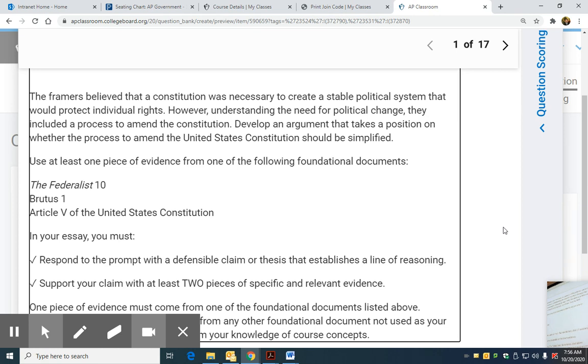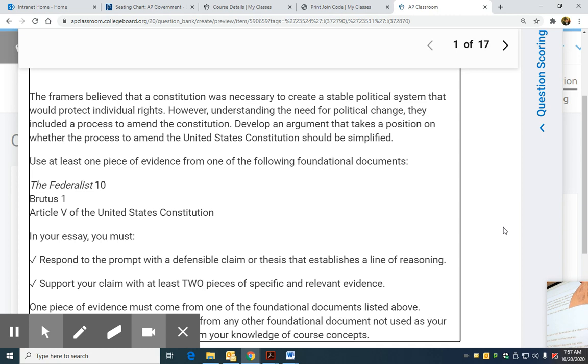So you have to know the amendment process. It's a two-step process, right? The amendment process requires proposal by whom? Who proposes an amendment? Congress. Specifically, what majority of Congress? It's not a simple majority. 2/3. 2/3 of Congress can propose an amendment, correct?